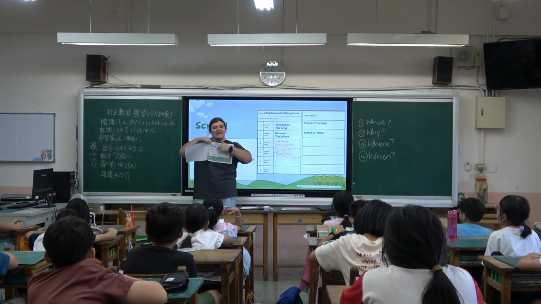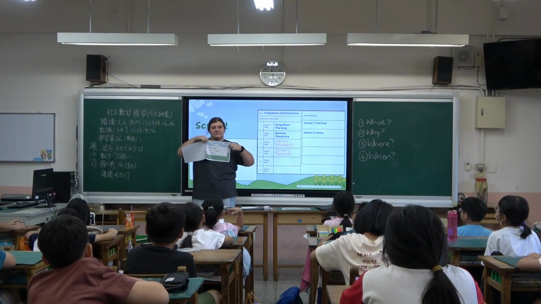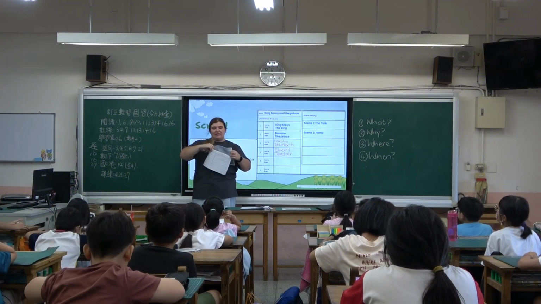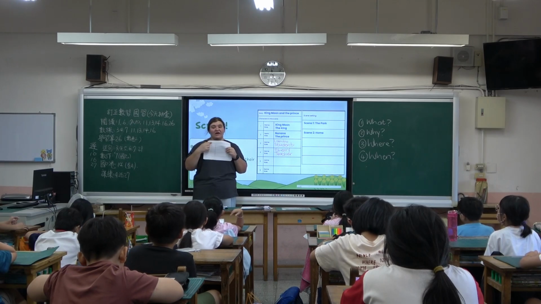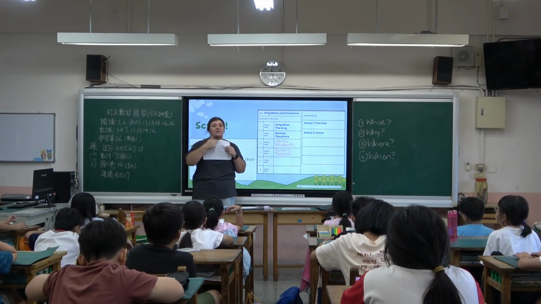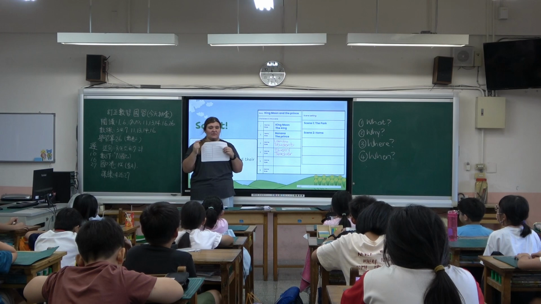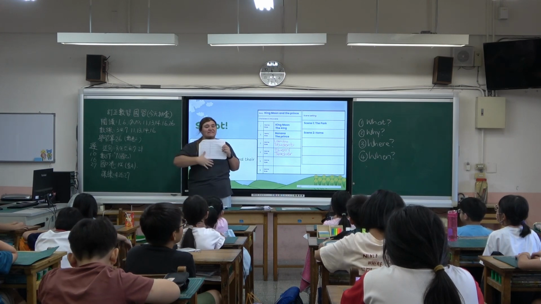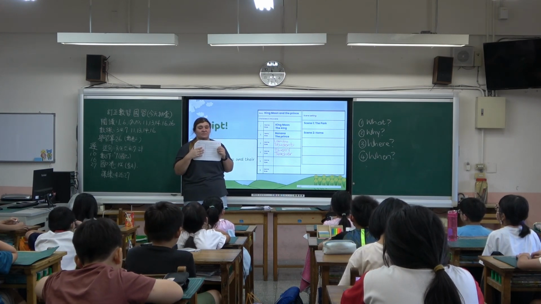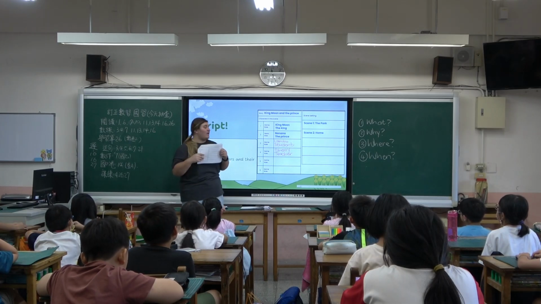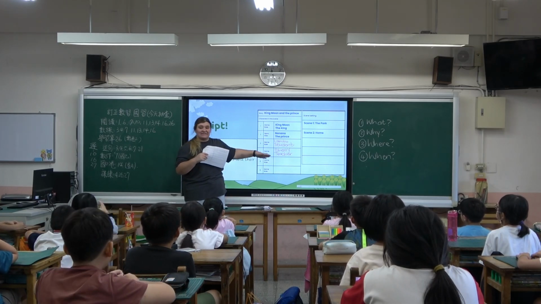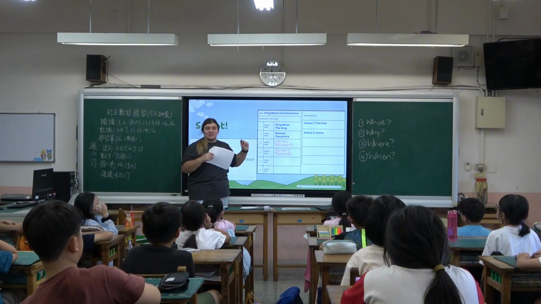So then you write King Moon and the Prince. Okay? English. And here you have to write King Moon and the Prince. Okay? All of this is in English. From here on, no Chinese, only English.